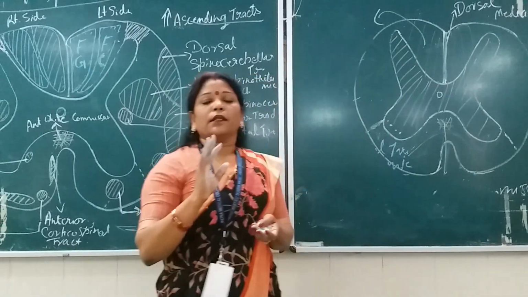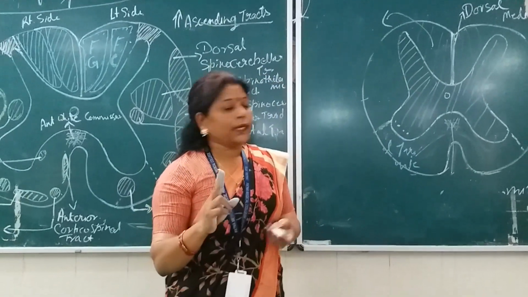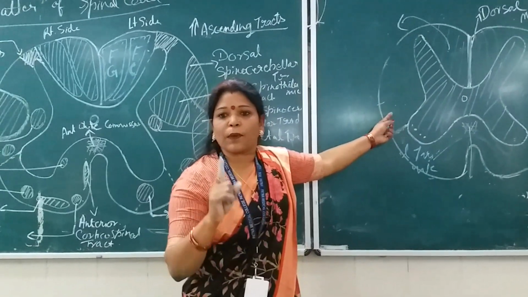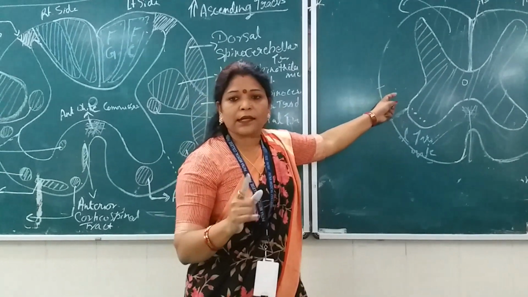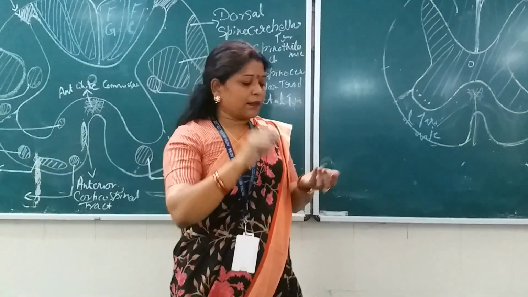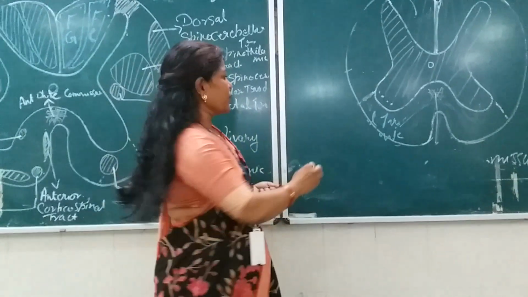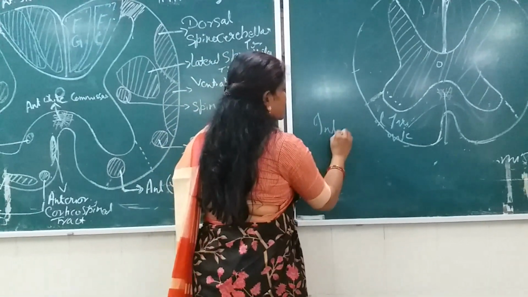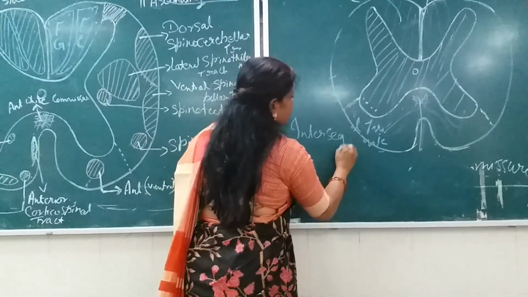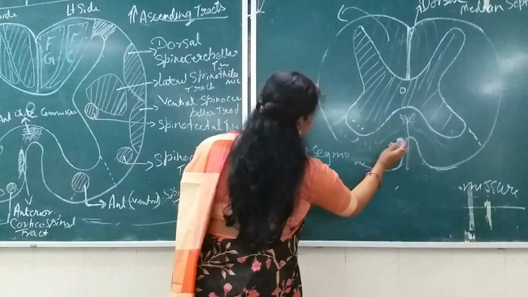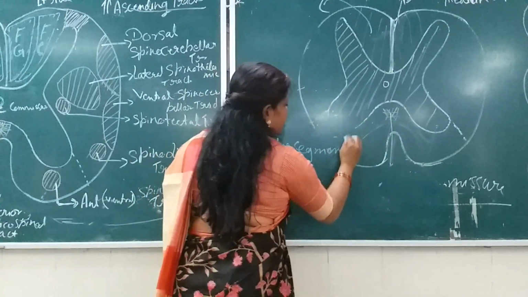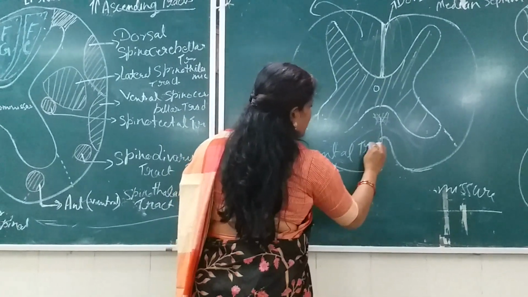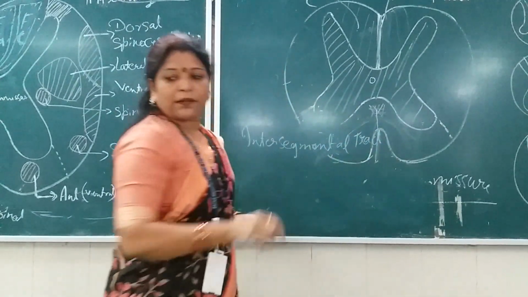So there are two types of tracts mainly in the white matter of the spinal cord: the motor tracts and the sensory tracts. But there is one more tract, which is known as the intersegmental tract. What is this intersegmental tract?